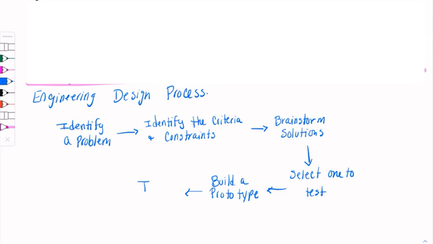Test the prototype. Iterate. Iteration means make it better, try it again. Like trial 1, trial 2, trial 3. Iterate and or repeat with a revised design.